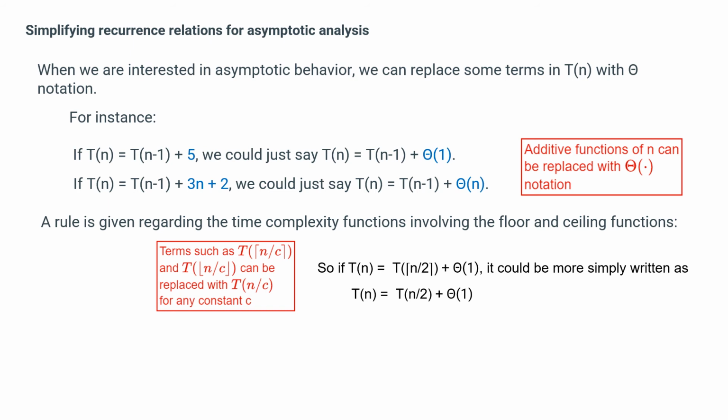So we can just drop that ceiling function. The time complexity will be the same whether we include it or not, so we might as well not even include that ceiling function.